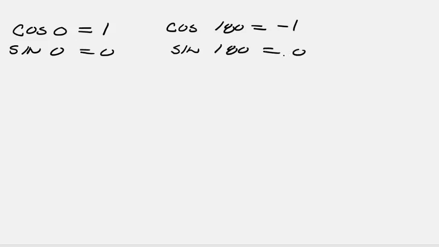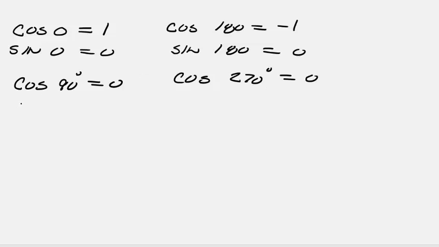Again, it goes back to the unit circle. Let's do the 90 and 270. We can say that the cosine of 90 degrees is equal to 0. Cosine of 270 degrees is equal to 0. The sine of 90 degrees is equal to 1, and the sine of 270 degrees is equal to negative 1.